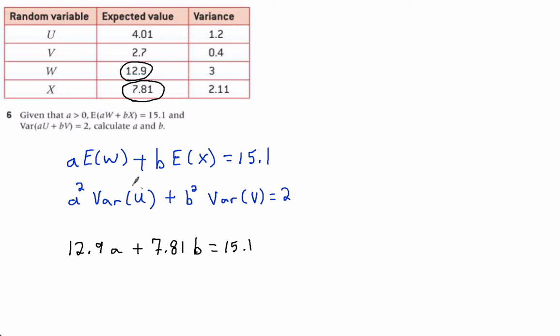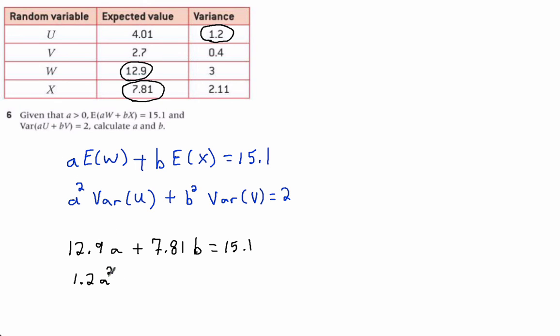We now look up the variance of u, and the variance of u is 1.2. So we have 1.2 squared times the variance. No, I'm sorry, that's not true. a squared, right? Because a is the constant that we're multiplying all values in set u by.